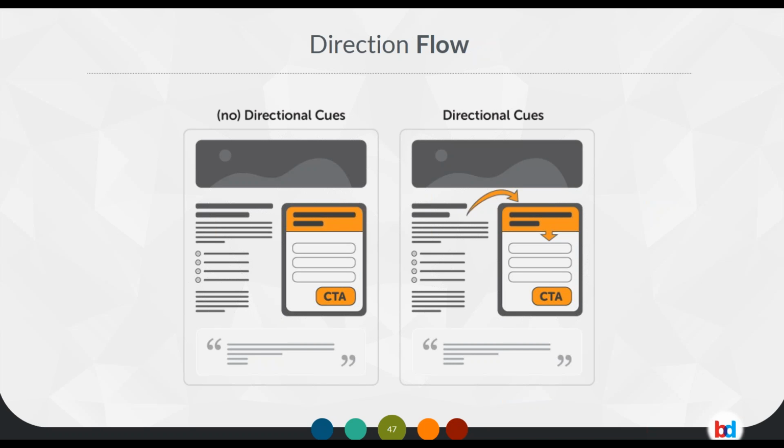So, to a certain extent, you can direct the conversation by putting in directional cues. The way that this page would be scanned without the directional cues is your eyes would almost always be drawn to this and then go straight down. Whereas with the directional cues, you're going to go headline to call to action.